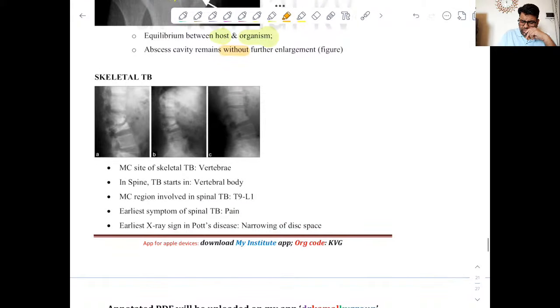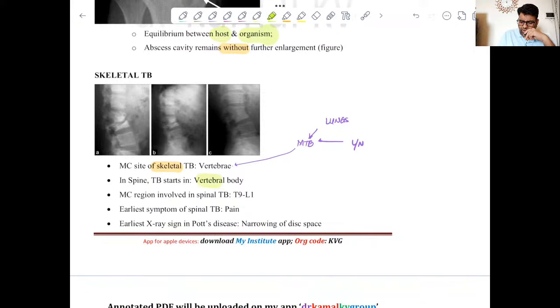Then skeletal tuberculosis, the most common site of skeletal tuberculosis is of course the vertebra, and the Mycobacterium tuberculosis will travel all the way to the vertebra from either the lungs or lymph node. Clear? So it starts in the vertebral body, especially affecting the thoracolumbar region, T9 to L1.